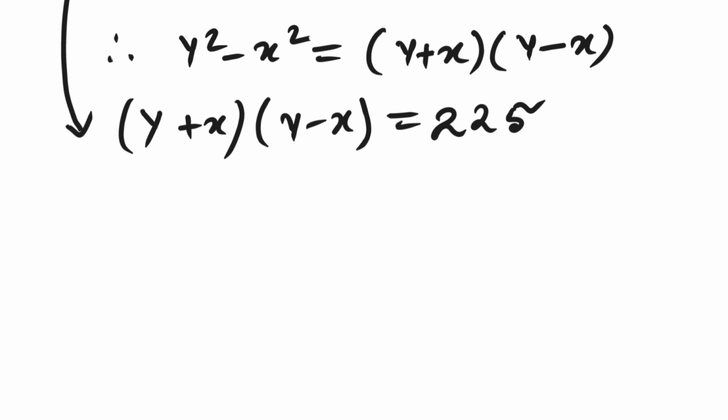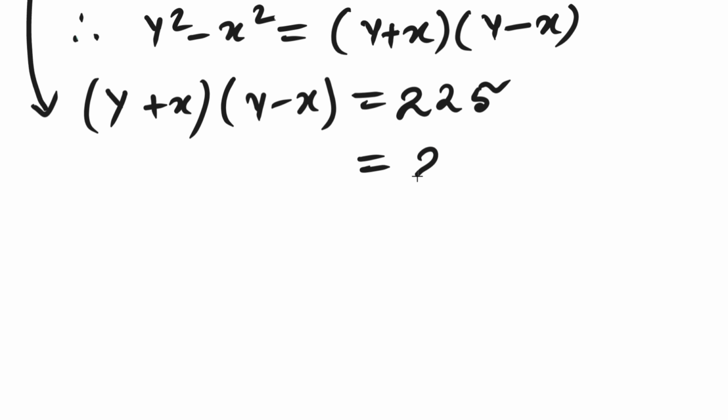Let's list them carefully. 225 multiplied by 1 gives 225. So one factor pair is 225 and 1. 75 multiplied by 3 gives 225.